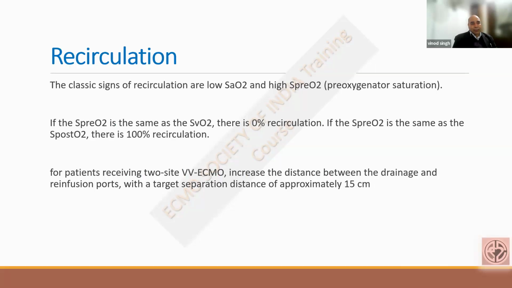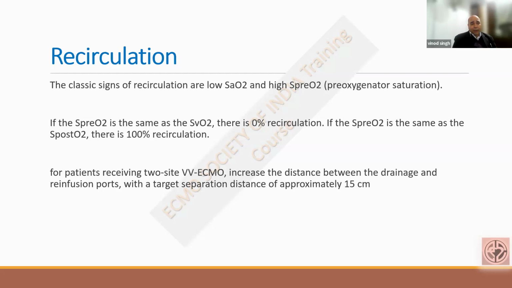Now, as I told you, the classic signs of recirculation are low SaO2 and high pre-oxygenator saturation. If the pre-oxygenator saturation is the same as SpO2, there is 0% recirculation. And if the pre-oxygenator saturation is the same as the oxygen saturation of the body, that means the mixed venous saturation, it is 100% recirculation, and you find that both tubes will be red.